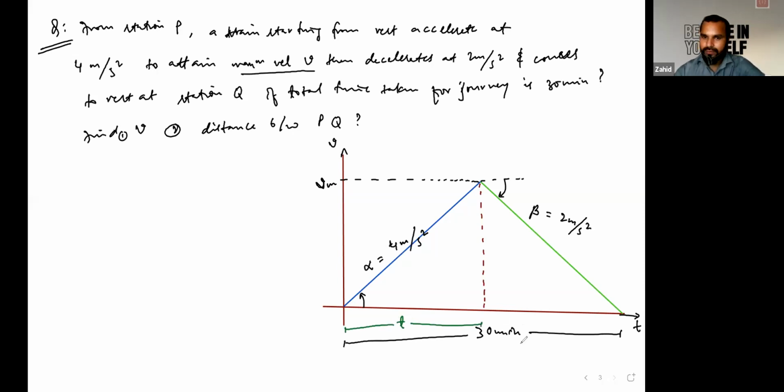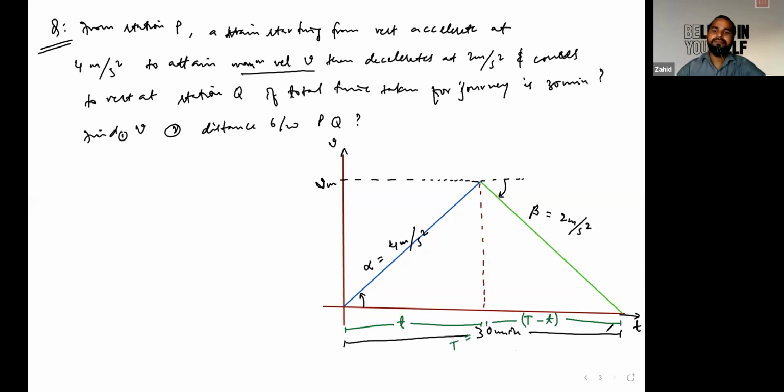The rest of the whole part would be total time minus this. So this is your 30 minutes. Convert it into seconds, it will give you 1800 seconds. So it will be just capital T minus small t. I have taken this total time as capital T.